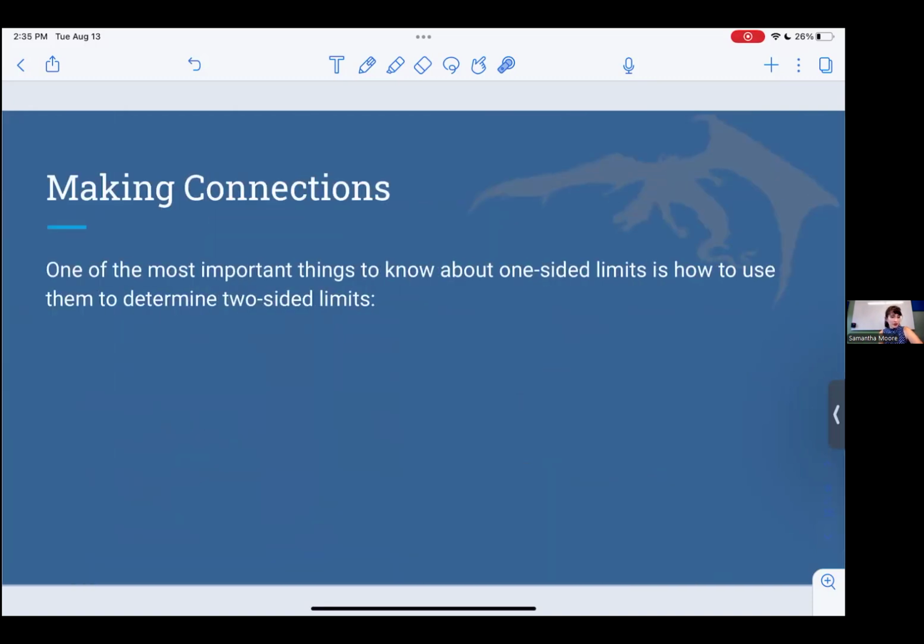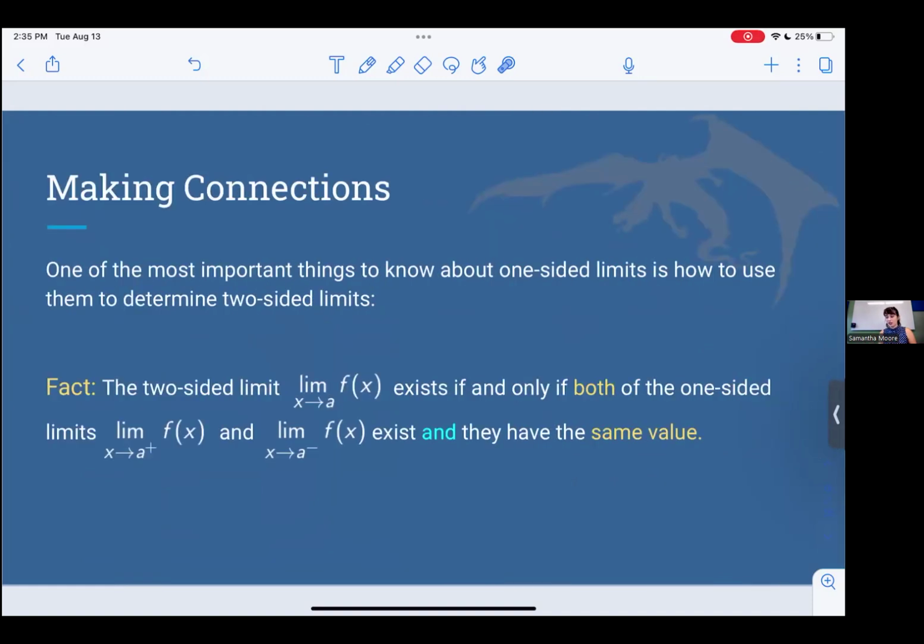Okay, so one important thing to note, again, is what I just said. A two-sided limit is just the same thing as checking both one-sided limits. In other words, the only way for this limit to exist, or really its definition, is that both the right-hand side limit and the left-hand side limit exist, and they are equal to each other. So in our last example, the right-handed limit and the left-handed limit existed, but they were different.